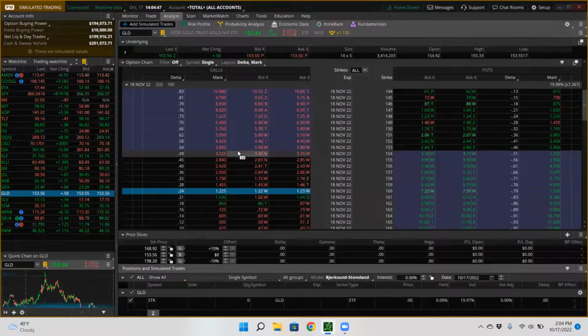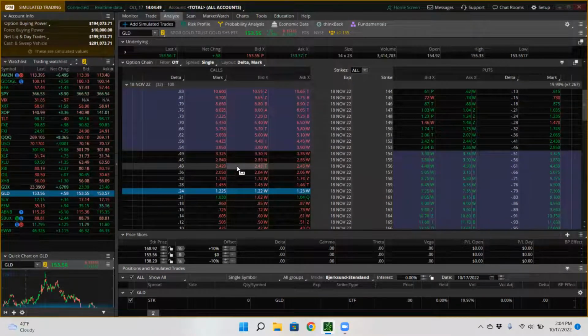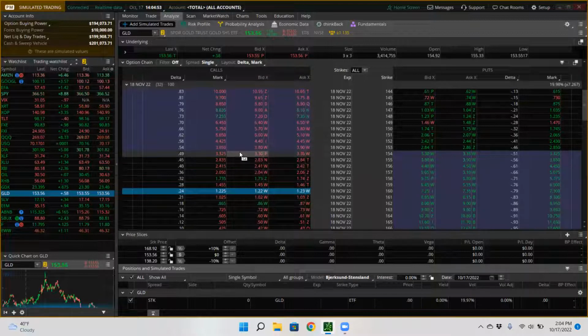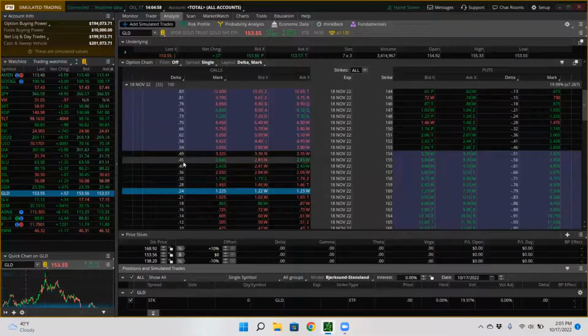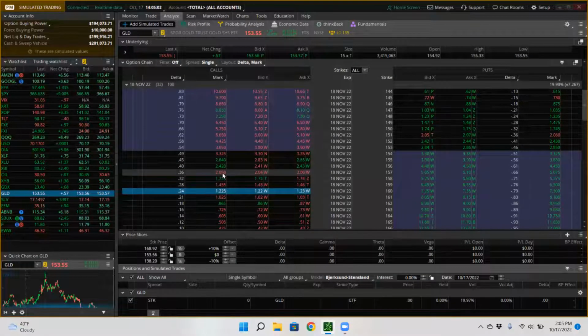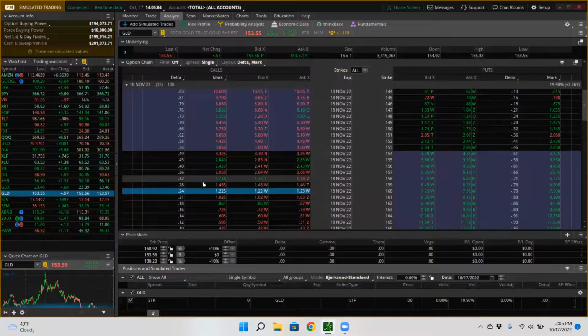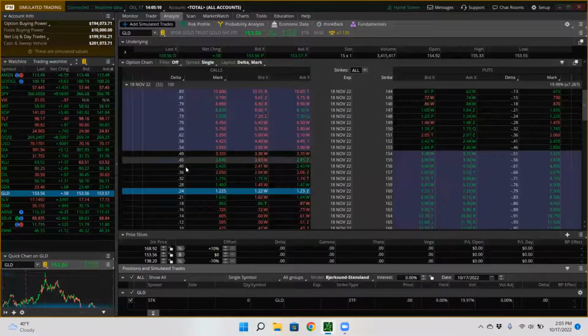As this blue line continues to move down on the call side, as the underlying continues to increase, you will see these numbers continue to change, and this contract value will continue to increase. As we get closer to the money, the velocity or magnitude of this increases. So it doesn't just stay at 32 cents.